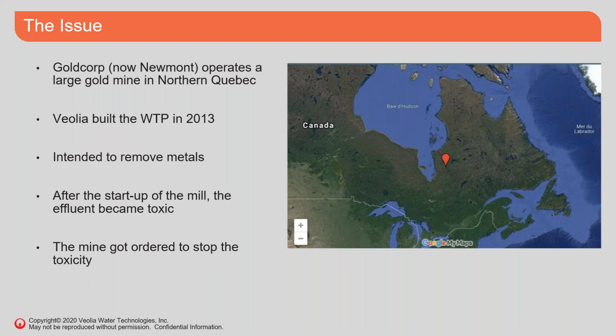After the startup of this water treatment plant, the mill was started at the mine and the effluent was toxic. So the mine was asked by the regulator to stop the toxicity or to stop operation altogether. At that point, people from Goldcorp contacted Veolia to ask for some advice about reducing the toxicity they experience at the mine.